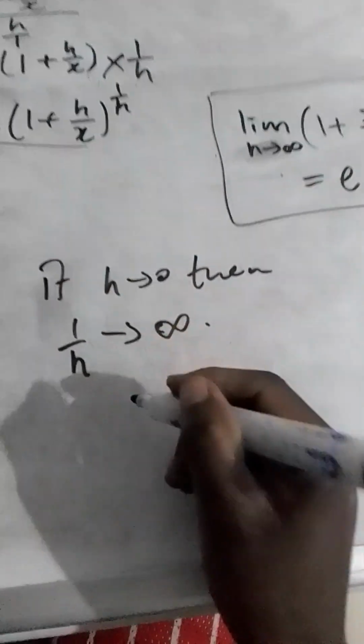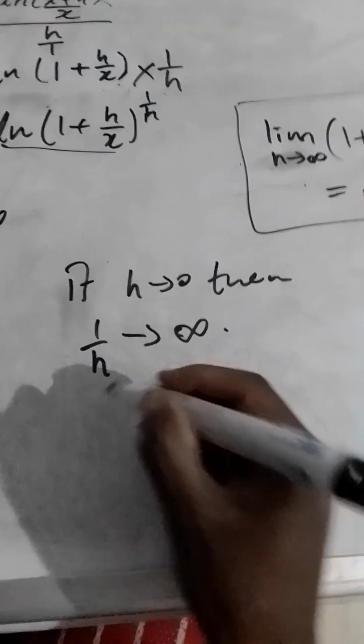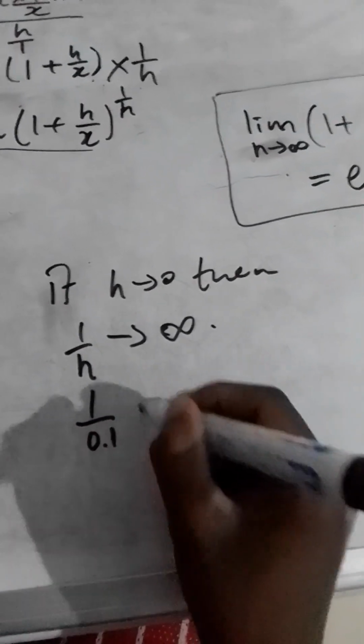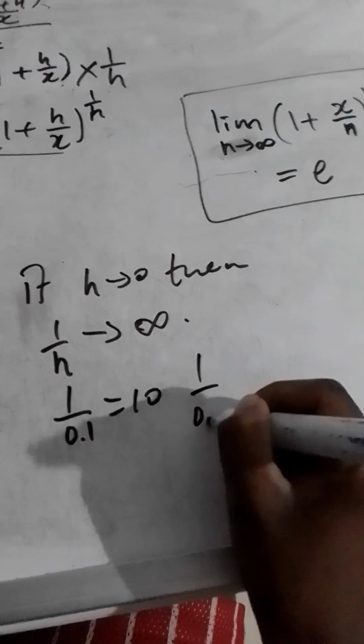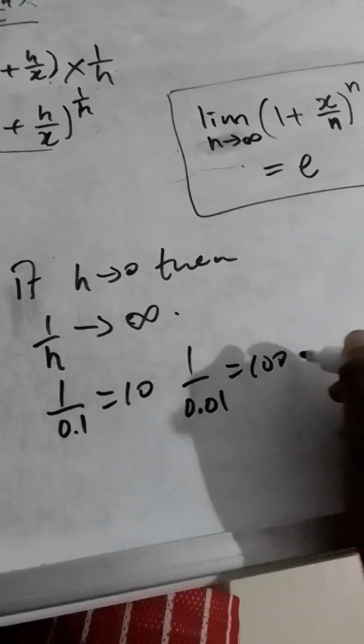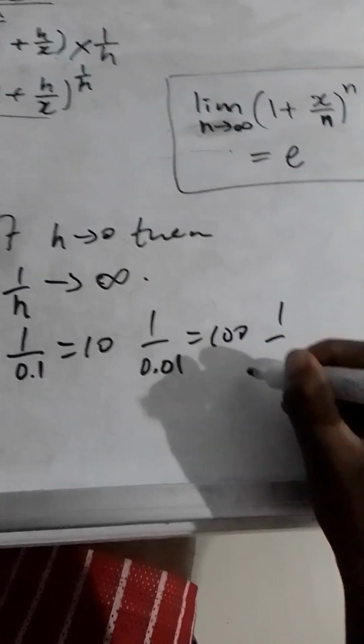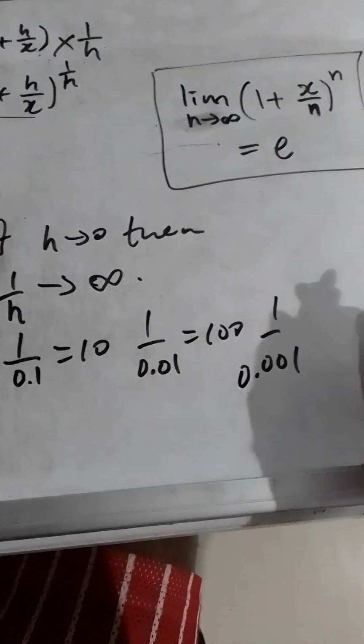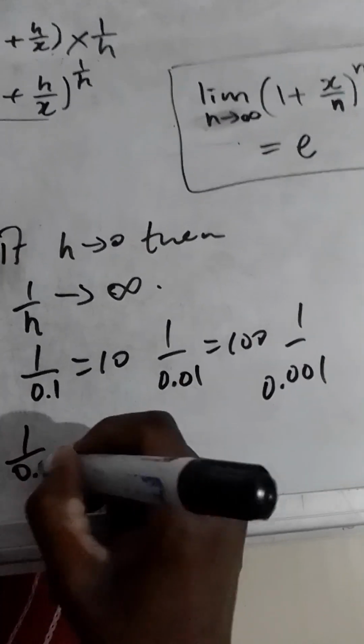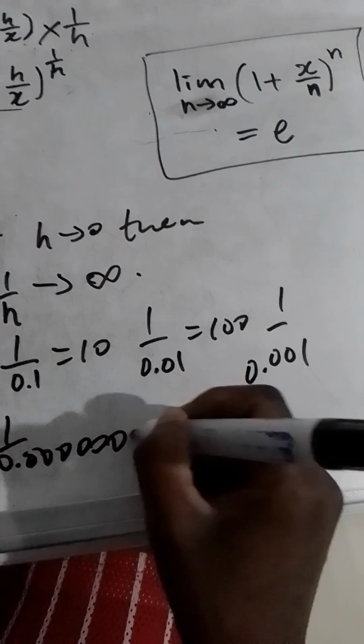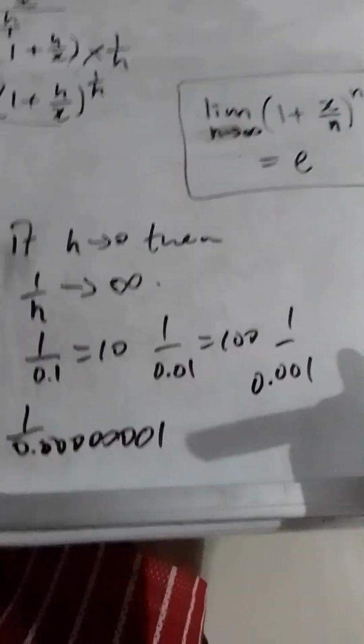I mean, if h becomes smaller and smaller, then 1 over h becomes bigger and bigger. Take for example, 1 over 0.1 is 10. 1 over 0.01 is 100. 1 over 0.001 is 1000. 1 over 0.00001 is 10 million, and so on.